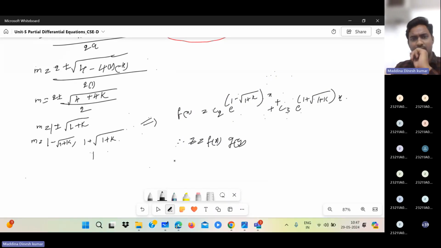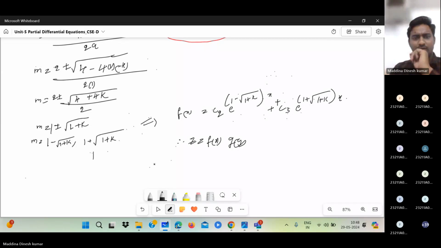We've already found the solutions for f of x and g of y. We consider it a trial solution. So simply we have to substitute f of x and g of y. We need to write their product. That's z.